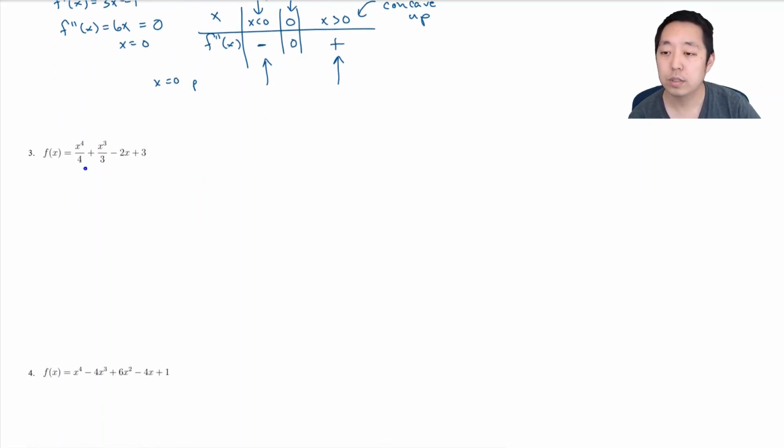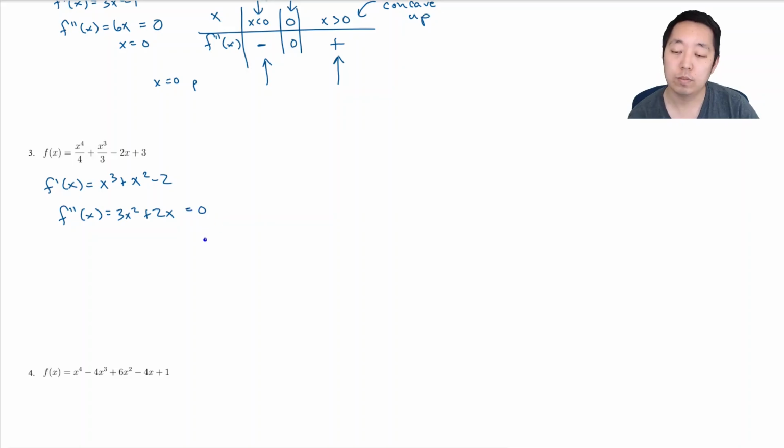Okay, let's look at this one. First I want to calculate the first derivative. When I multiply by 4, it's 4 over 4, so that's just x cubed. 3 divided by 3 is 1, so it's x squared minus 2. And the second derivative is going to be 3x squared plus 2x. I want to know when this is equal to 0.